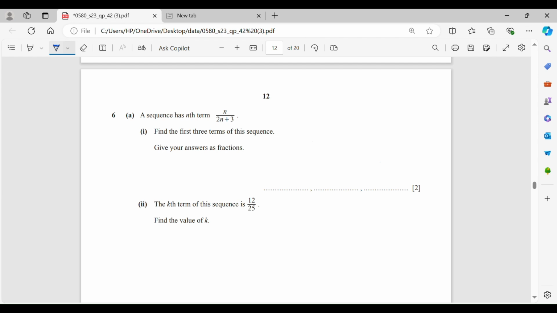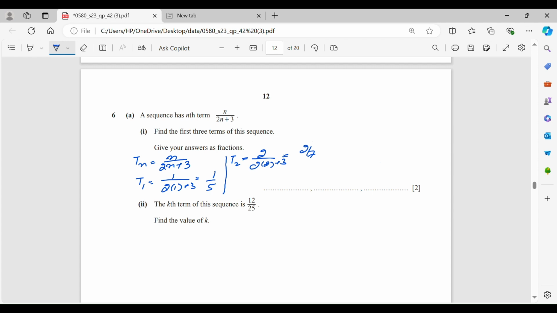So Tn is equal to n over 2n plus 3. So T1 will be equal to 1 over 2 into 1 plus 3, which will be equal to 1 by 5. T2 will be equal to 2 over 2 bracket 2 plus 3, which is equal to 2 by 7.